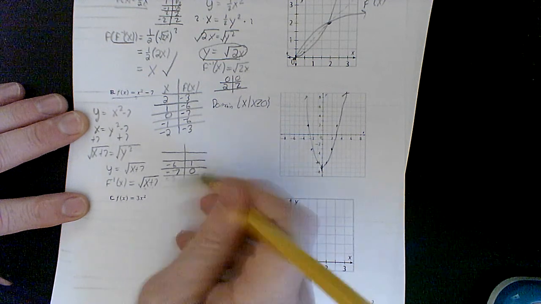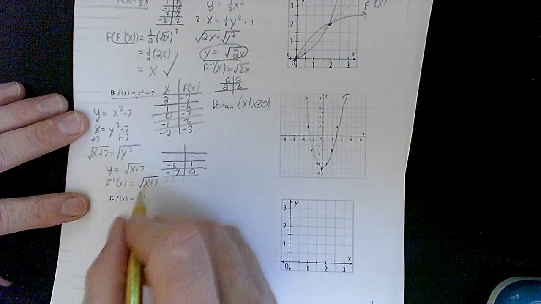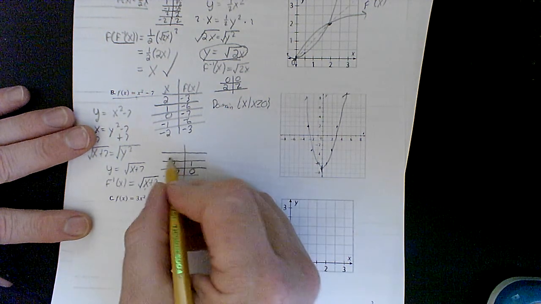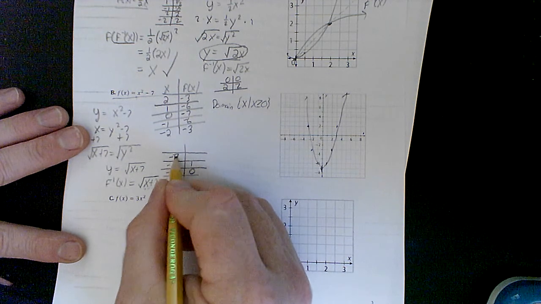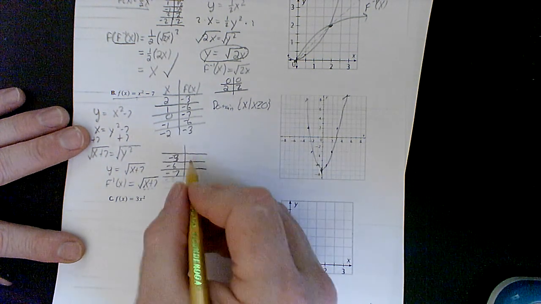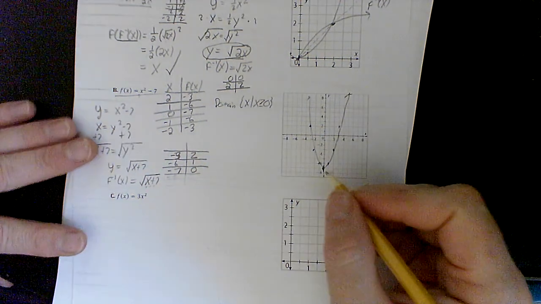So let me erase this. Alright. Let's go up to, I don't know, I'm going to skip up a little bit because I realize if I plug in a negative 4, I'm anticipating what that answer would be. Let's do a negative 3. Negative 3 plus 7 is 4. Square root of 4 is 2. So let's stop there. Alright, that should give us enough.